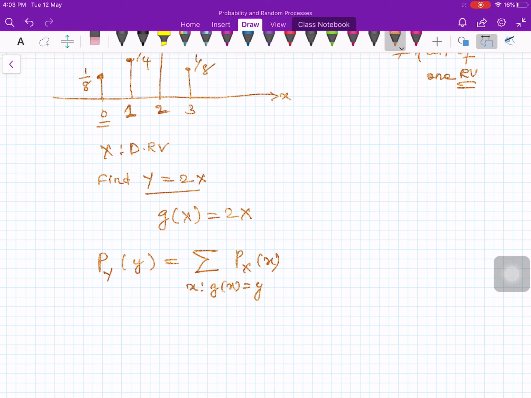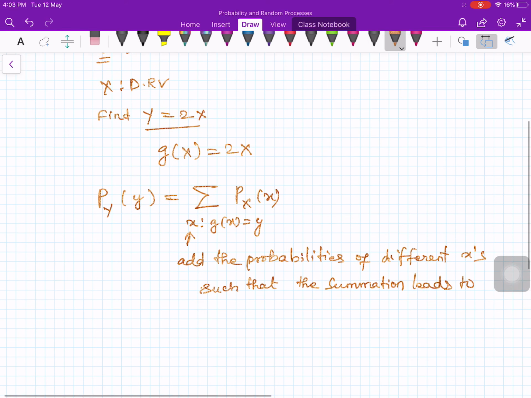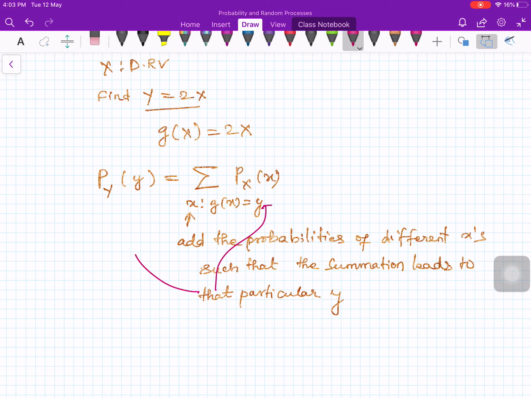So you add the probabilities of different x's such that the summation leads to that particular y.